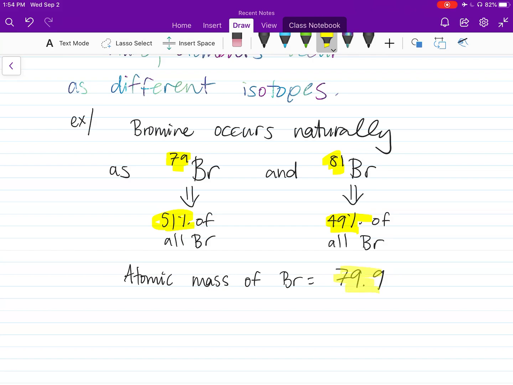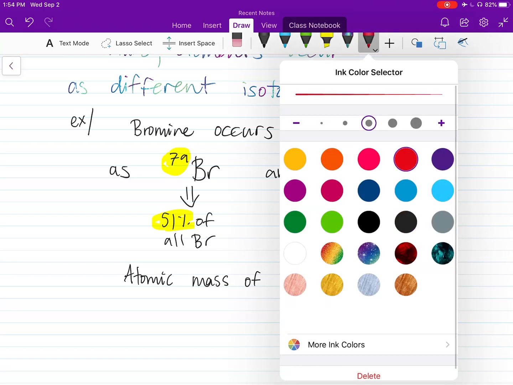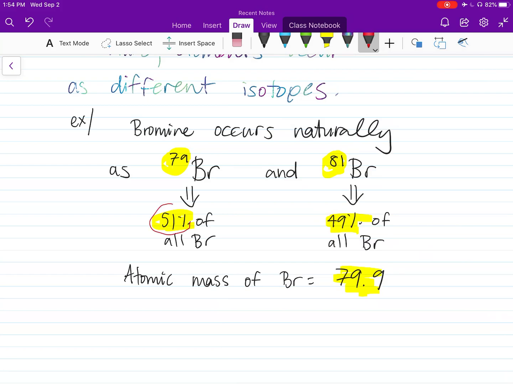This number is closer to 79 than it is to 81, simply because slightly more of the total natural abundance belongs to that lighter isotope. However, the number is almost dead in between because we have approximately a 50-50 ratio between the heavy and the light isotope here.